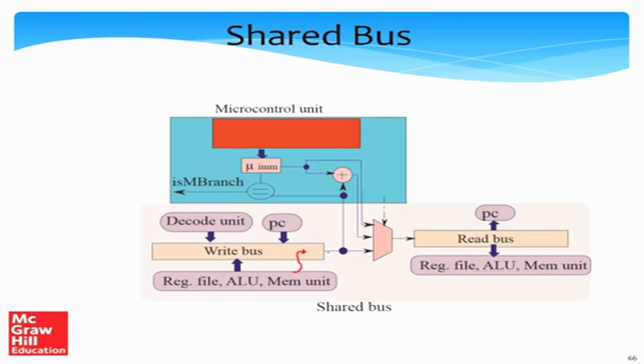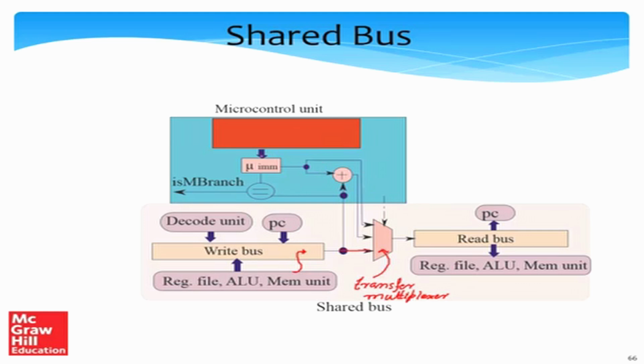Subsequently, this is one of the inputs from the write bus which can go to this multiplexer. We call this multiplexer the transfer multiplexer in the book, mainly because it transfers data from a writer to a reader. That's all. We don't use any other sophisticated terminology. In addition, we have a microcontrol unit.